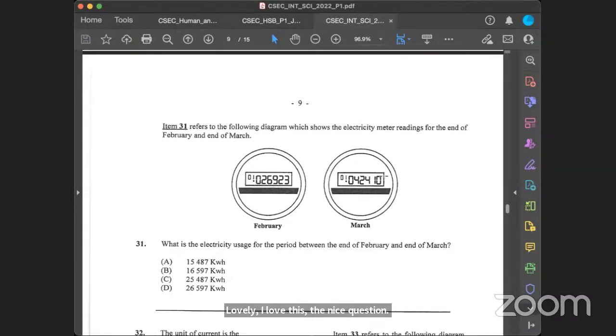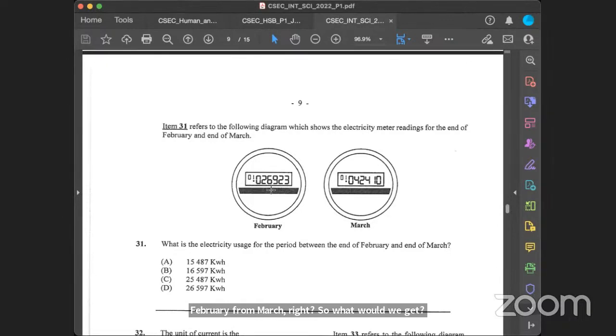I think some calculation questions are going to come this year in the exam, you know. So you have to subtract February from March, right? So what would we get? Yeah, it's calculating paper one.